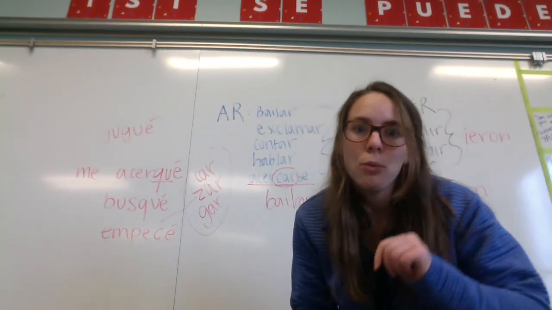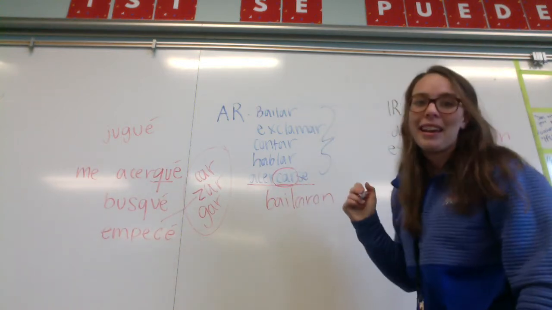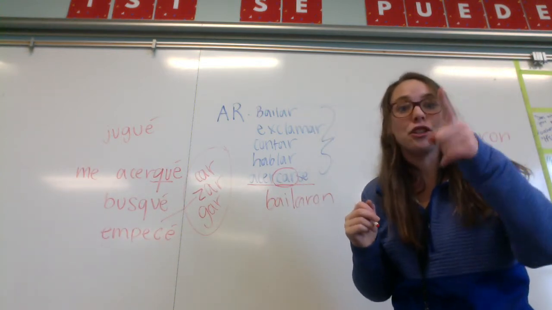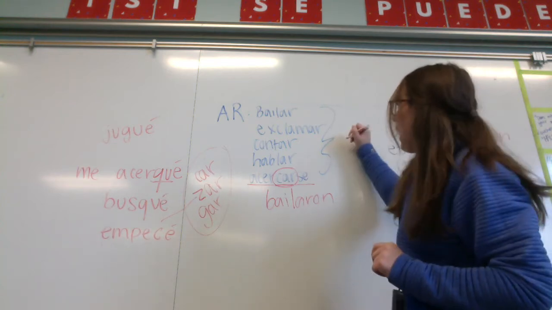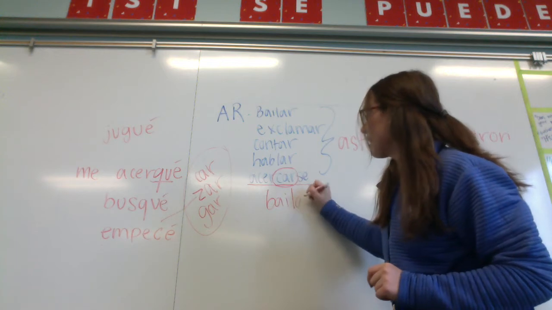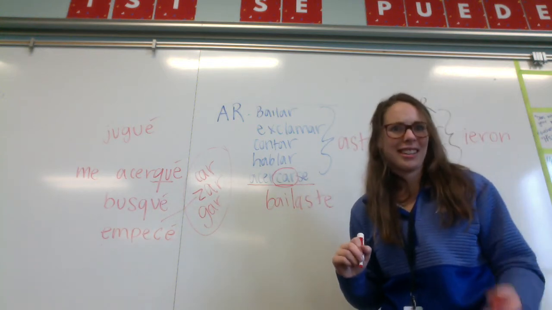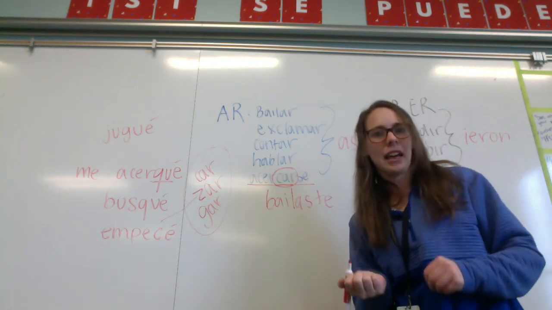We've got only two more things that we need to talk about. One of them is if we want to say that you did something. For AR, it's ASTE. So bailaste, you danced. If I wanted to say, did you dance last night? Bailaste anoche?